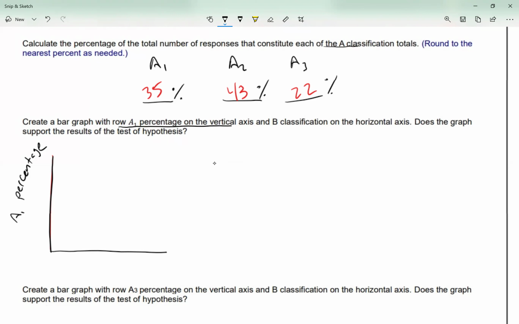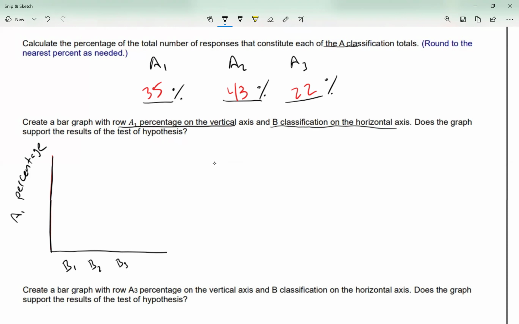A1 percentage on the vertical axis. Now on the horizontal axis, we're going to have B classification. So that means I'm going to have a B1, B2, and B3.